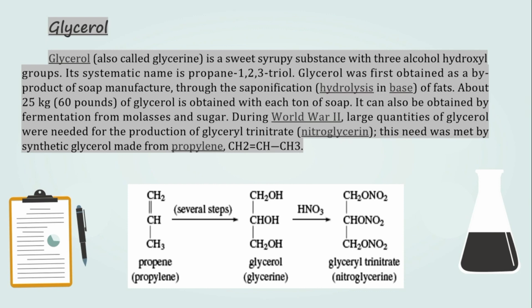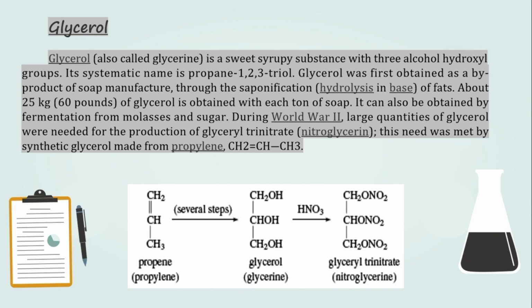During World War II, large quantities of glycerol were needed for the production of glyceryl trinitrate or nitroglycerine. This need was met by synthetic glycerol made from propylene, or CH2=CH-CH3.